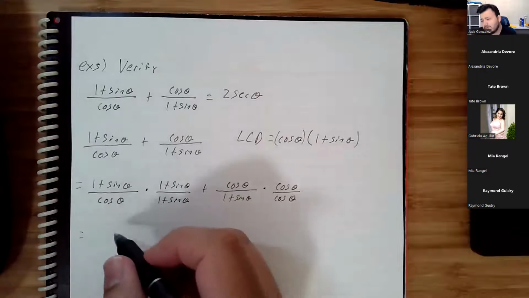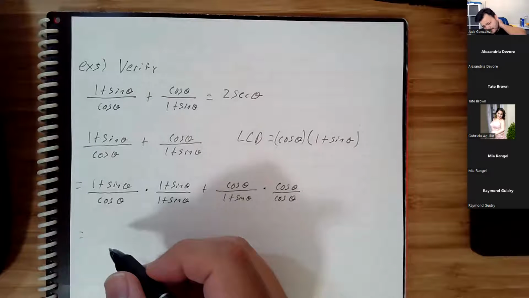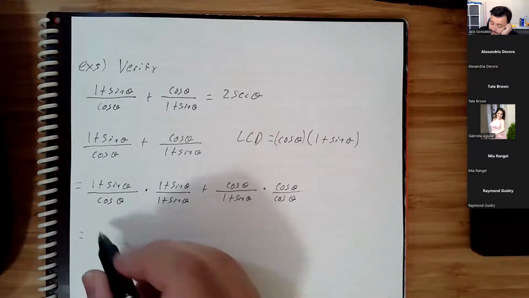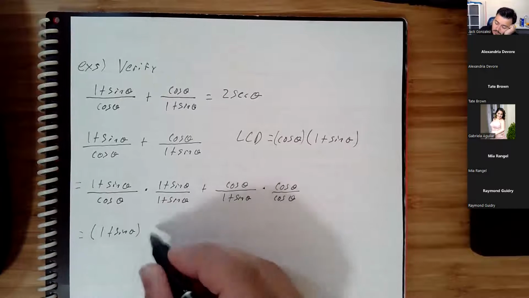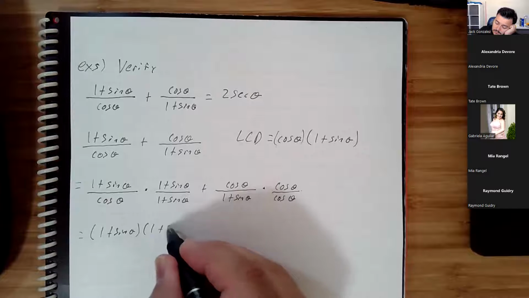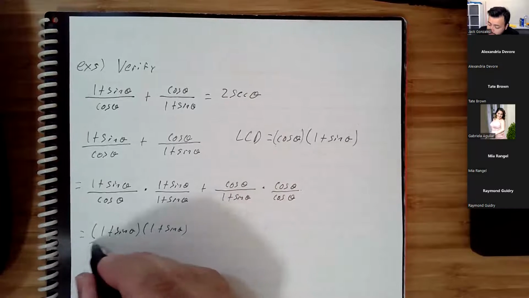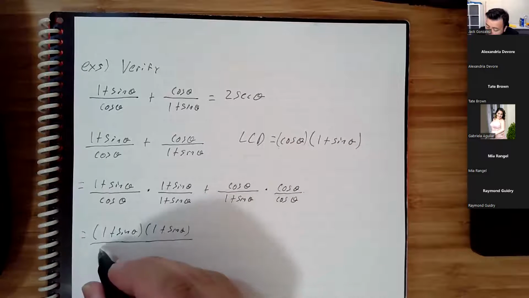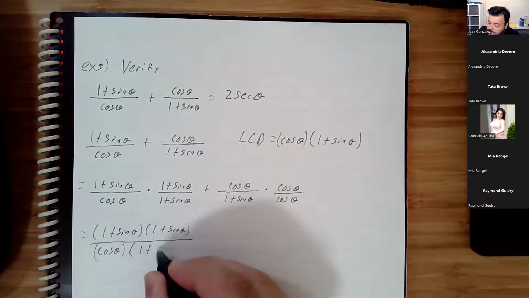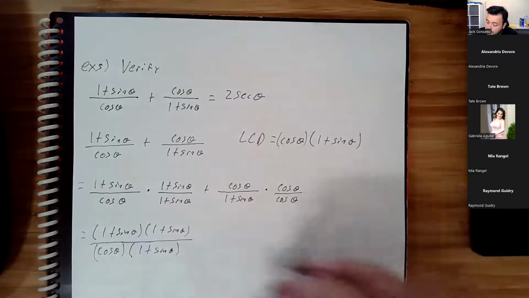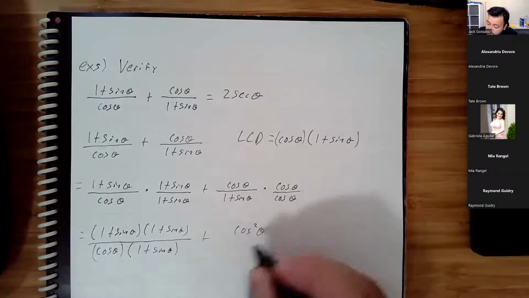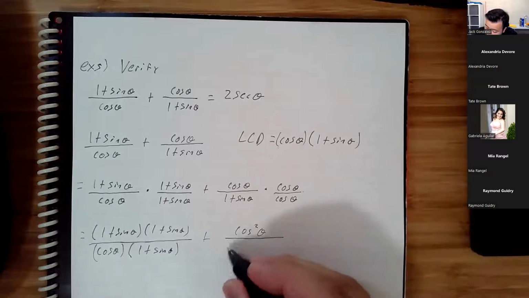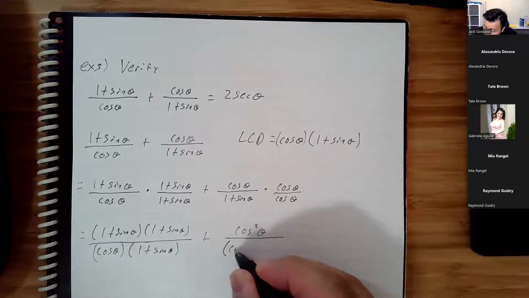I'm not going to go ahead and multiply just yet. So I'm just going to leave it like this. 1 plus sine, 1 plus sine, over cosine times 1 plus sine. Now I might as well just change this to cosine squared. LCD, I'm going to keep it looking the same.